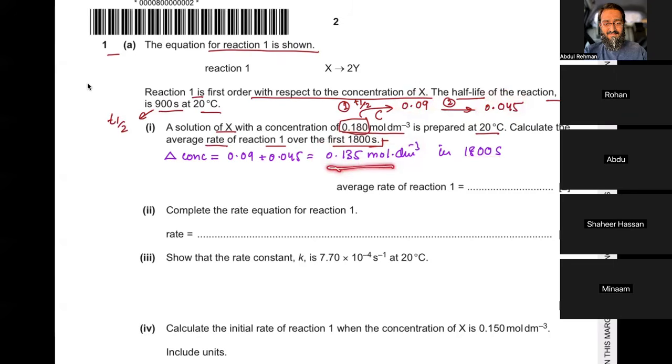So we know the concentration, we know the time. So average rate is always the change in concentration divided by time. So the change in concentration is 0.135 divided by the time, which is 1800 seconds.